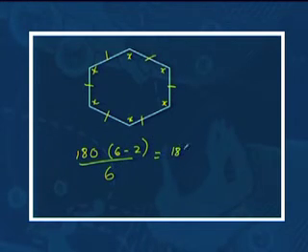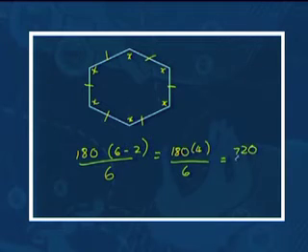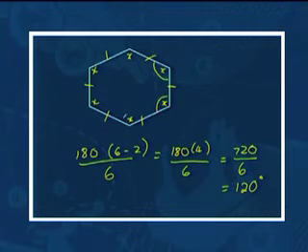So I get 180 times 4 all over 6. 180 times 4 is 720, divided by 6, and that will give me an answer of 120 degrees. So therefore what that means is that each of these angles will have a value of 120 degrees.